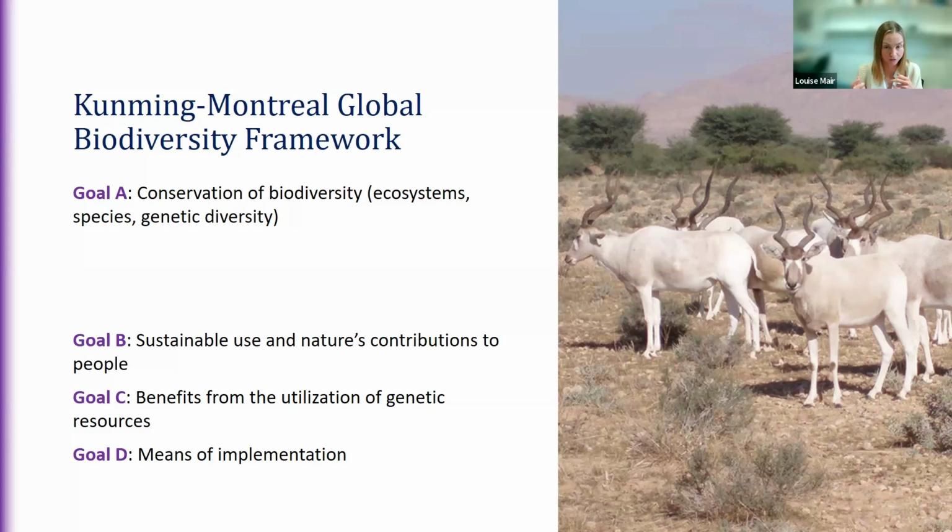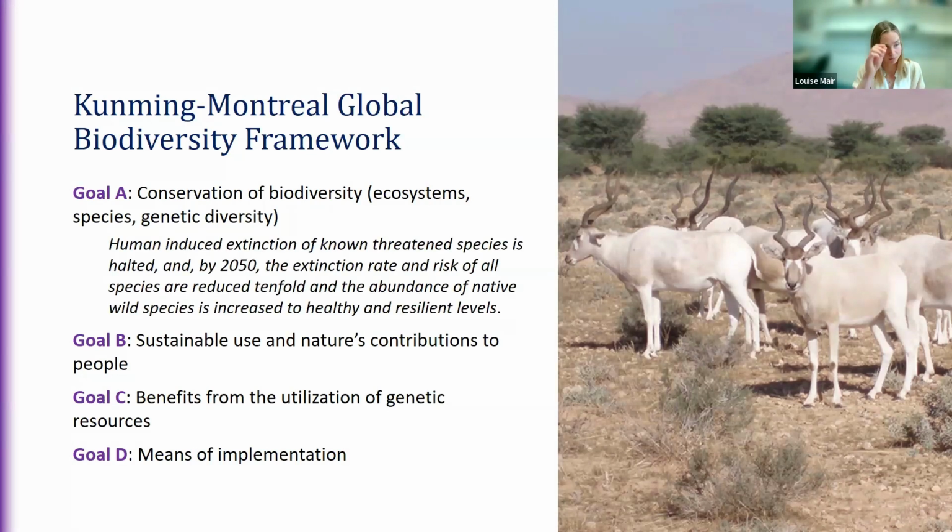And these 4 goals address first of all, the conservation of biodiversity under Goal A, then the sustainable use, the benefits from using genetic resources, and finally, Goal D is all about implementation. From a species conservation perspective, so from my perspective, the really interesting part within this is the species element of Goal A. And this in itself is actually really wide-ranging when you think about the different dimensions of species conservation.